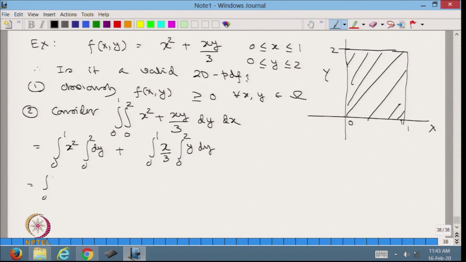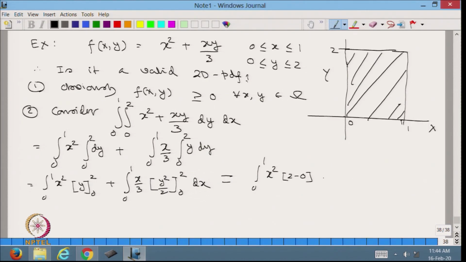That is equal to integration 0 to 1 x square into y from 0 to 2, plus integration 0 to 1 of x by 3 of y square by 2 from 0 to 2 dx, which is equal to integration 0 to 1 x square into 2 minus 0 dx plus integration 0 to 1 x by 3 into 4 by 2 minus 0 dx.